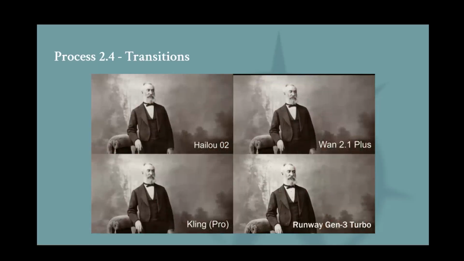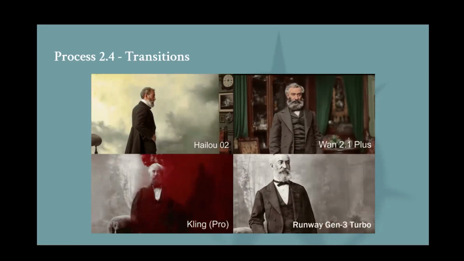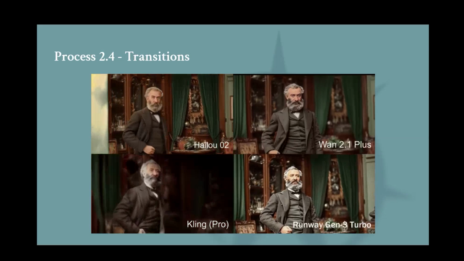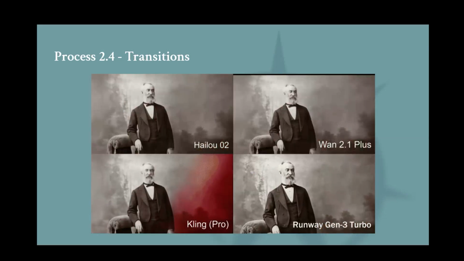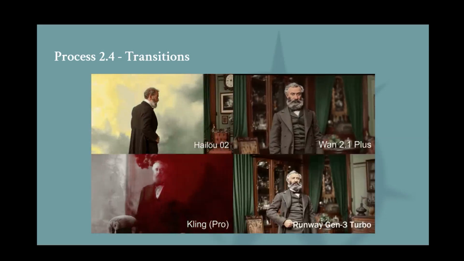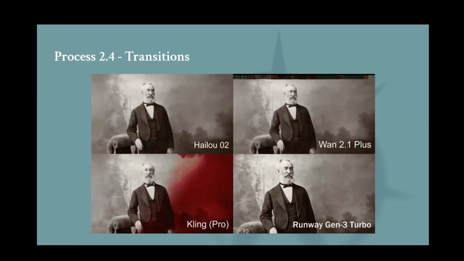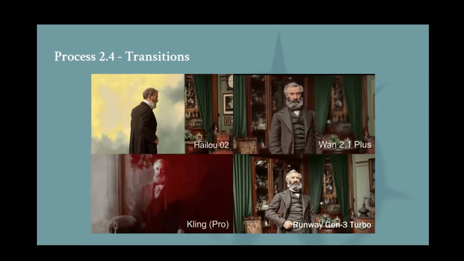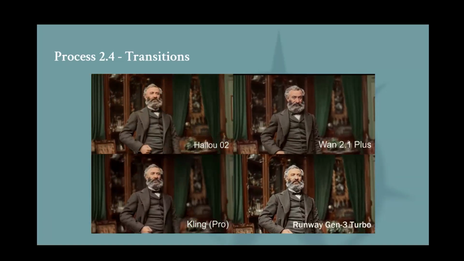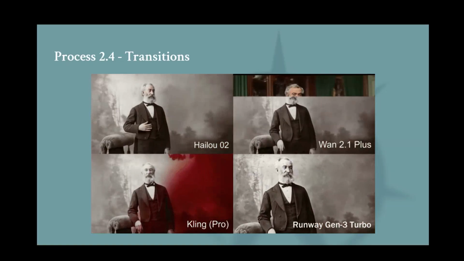Hailuo has this, what seems to be a card or a background moving out of frame. Reminds me a bit of a stage play or even old reruns of The Price is Right, where there's different elements on stage that are moving all the time.